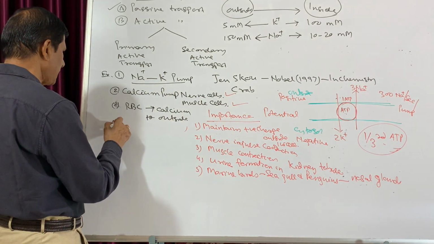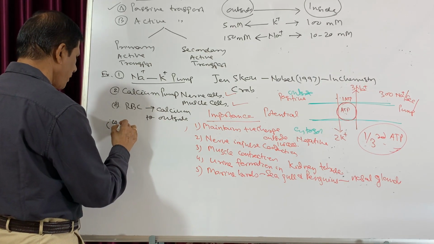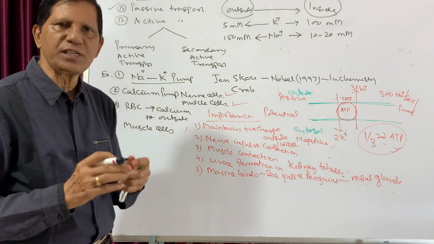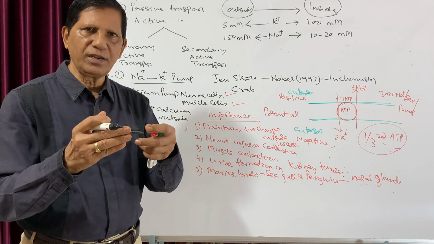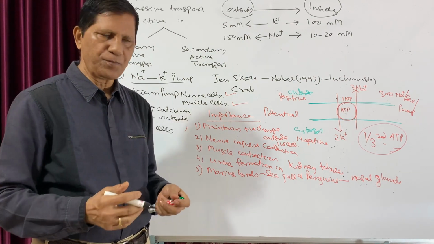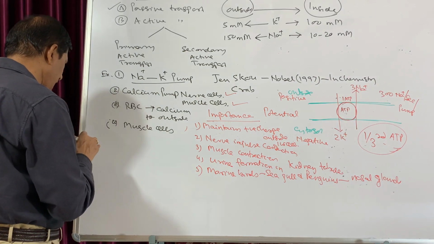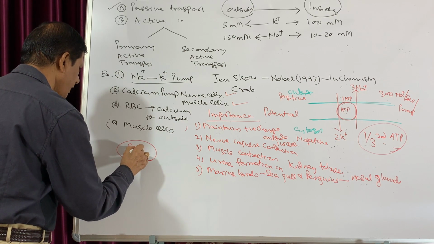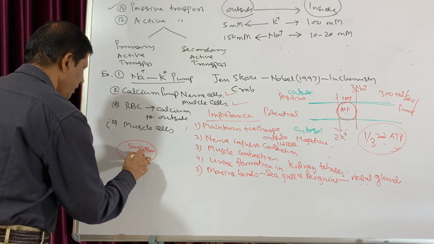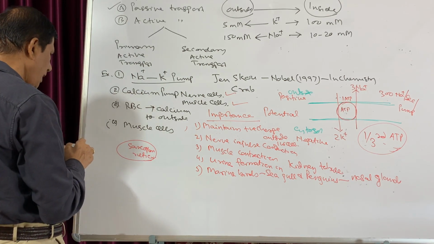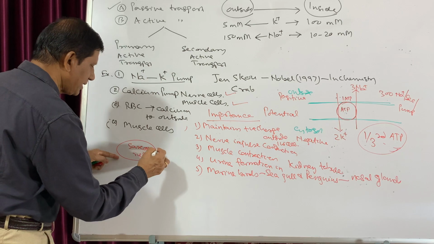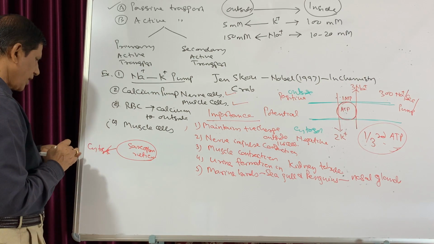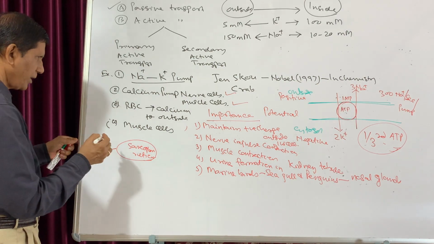Similarly, the second example is in the case of muscle cells. In muscle cells, there is a sarcoplasmic reticulum which helps in muscle contraction and relaxation. Suppose this is a sarcoplasmic reticulum, and this side is the cytosol.